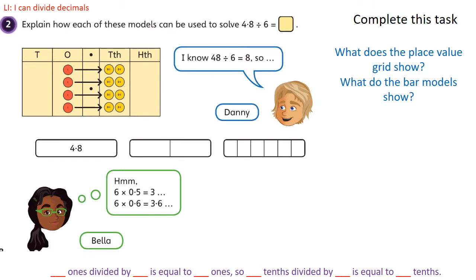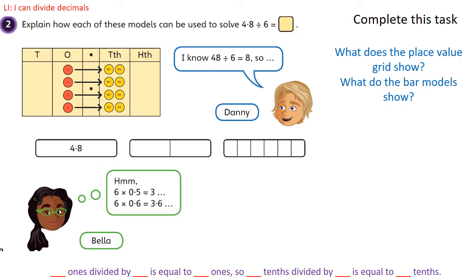In question 2, explain how each of these models can be used to solve 4.8 divided by 6. So let's have a look at the place value grid. First of all, what is that showing us? It's showing us that the whole ones, there are 4 of them, and each of them is going to be exchanged for tenths.